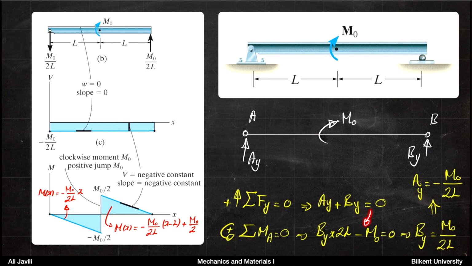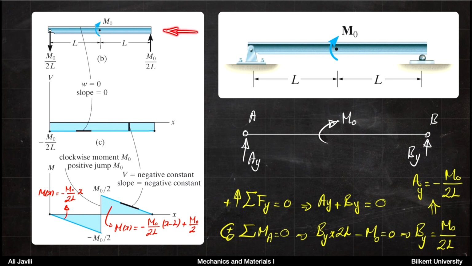Then you get minus M0 because it's clockwise, and from BY you would get a moment BY times 2L, which is the distance in the counterclockwise direction, so with a plus. And from the two equations, you can calculate AY and BY. So BY would be M0 divided by 2L upwards, and AY would be M0 divided by 2L downwards.